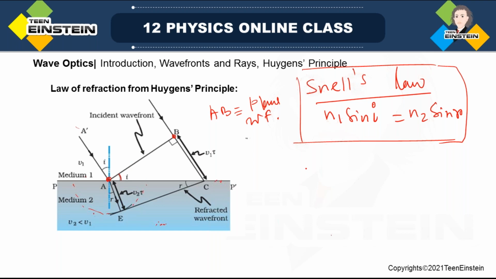I'm thinking that the light wavefront is traveling to this point and touching this. If it is refraction, it means light travels through the medium.